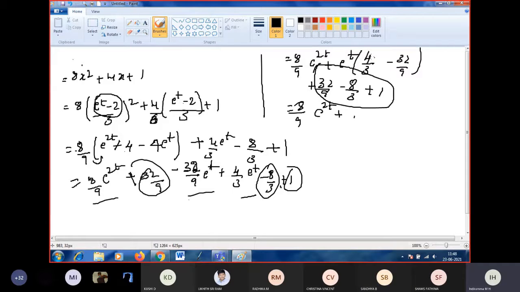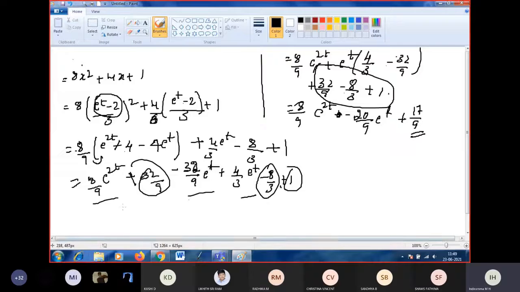17 by 9. What is 4 by 3 minus 32 by 9? Minus 20 by 9 e power t plus 17 by 9. Please make a correction: 32 by 9 minus 8 by 3 plus 1 is 17 by 9.